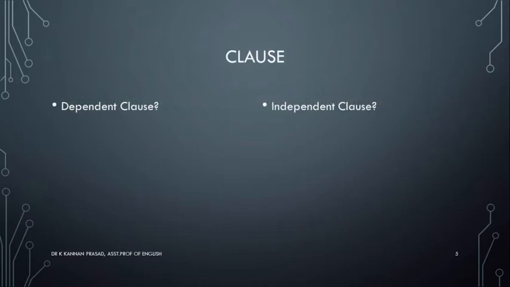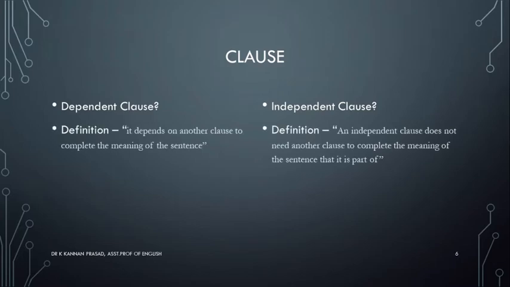But what is a dependent clause and what is an independent clause? A dependent clause will rely on another clause in the same sentence. Thus, it is called a dependent clause because it depends on another clause to complete the meaning of the sentence, whereas an independent clause can stand by its own.